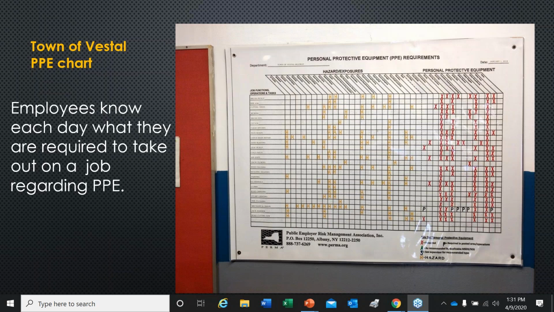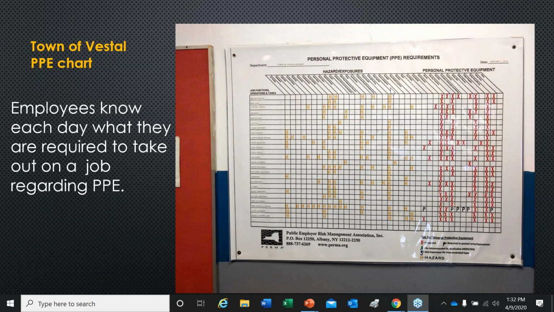In the town of Vestal, they have their PPE chart used where the employees know each day what they're required to take on a job regarding their PPE. I just wanted to make sure you saw this. They have it by their back door as you leave the facility. On the left side is all of the different functions and tasks that they have.